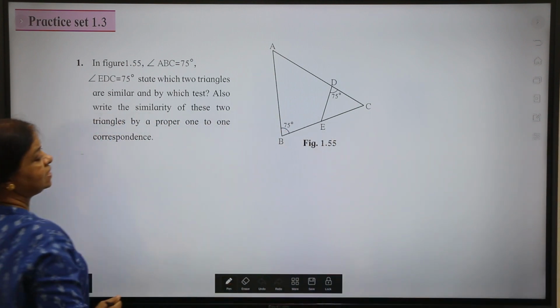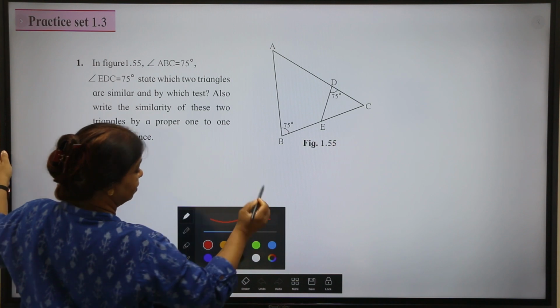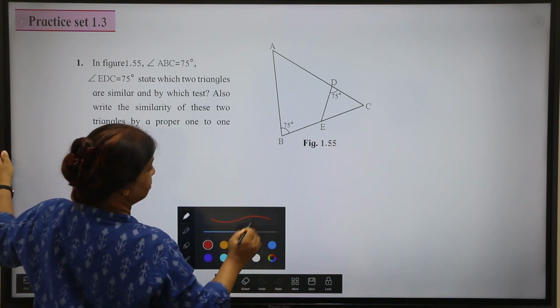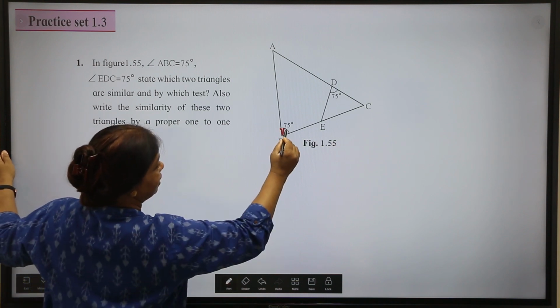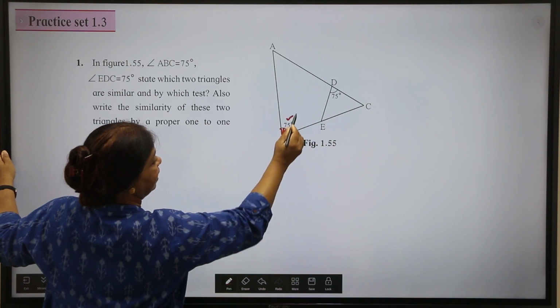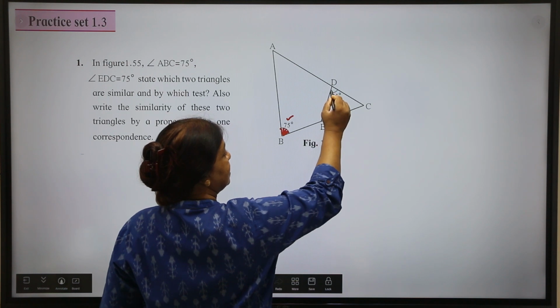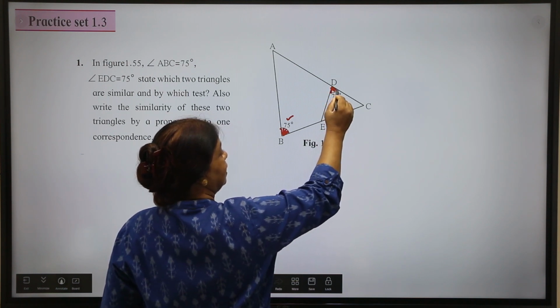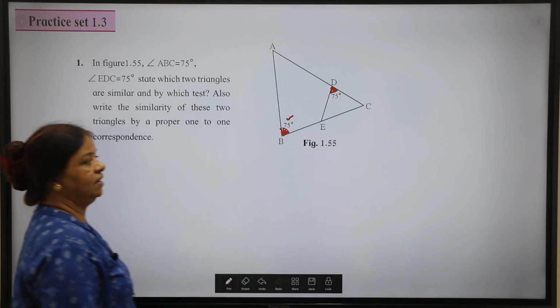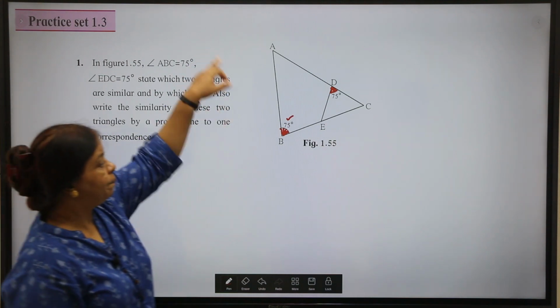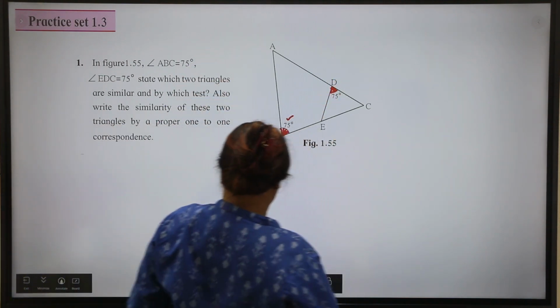In triangle ABC, angle B is given 75 degree, and in small triangle DEC, angle D is given 75 degree. Okay. So on big triangle there is a small triangle.